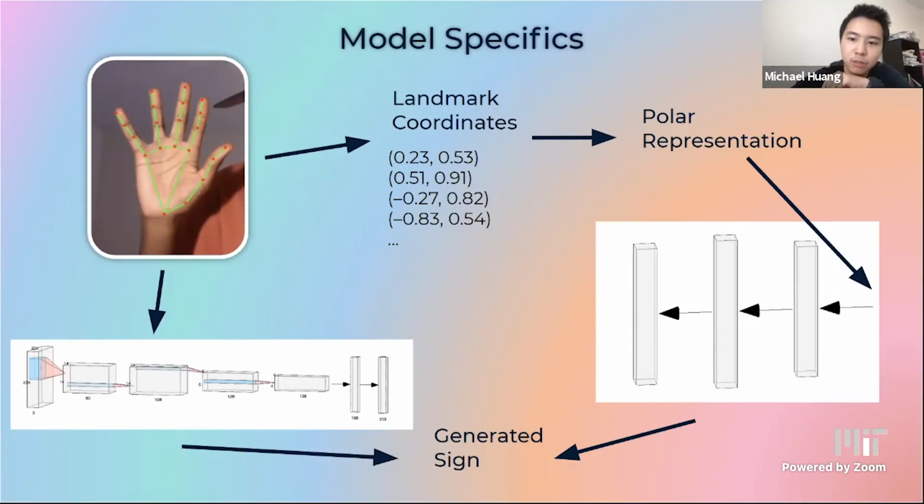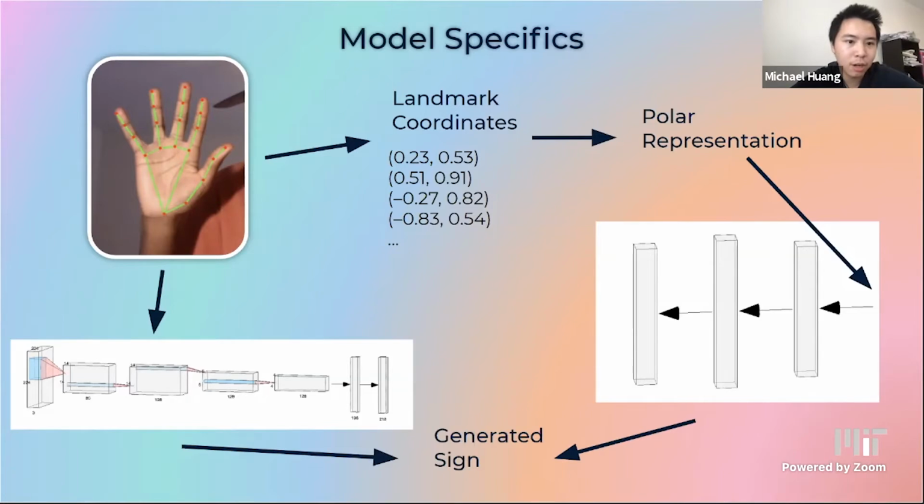Eventually, we combine the two models to make our final prediction because we find that this increases the accuracy at test time. And here is a diagram of the entire system of our sign detector.